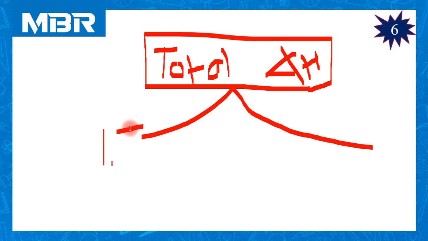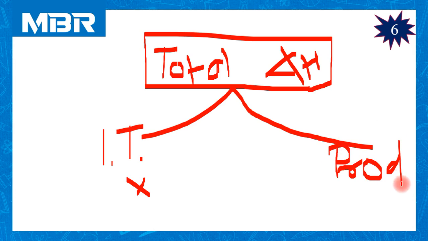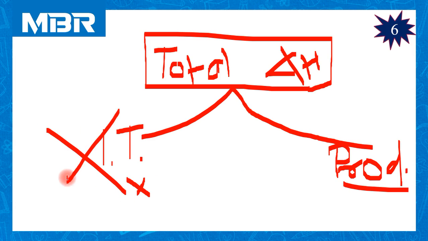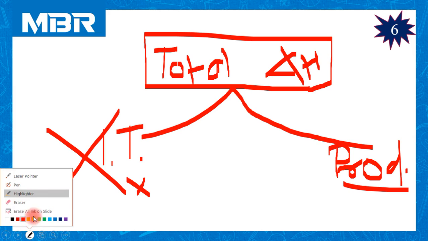First, IT hours, that is idle time, wastage of time, unproductive hours. And second is productive actual hours. But in this question, information related to IT is not given, and as the information of IT is not given, we are not supposed to classify our working hours into two different parts.